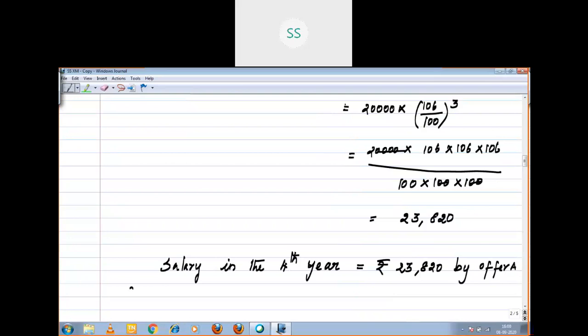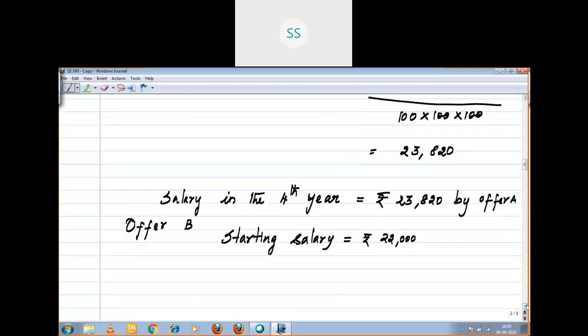Next you should go for offer B. Here also the same. Starting salary 22,000. Starting salary what it is given? 22,000. The annual increment what it is?